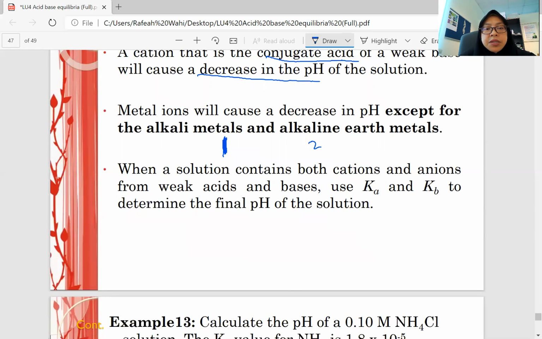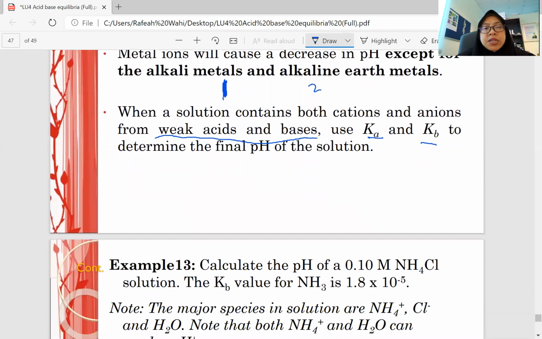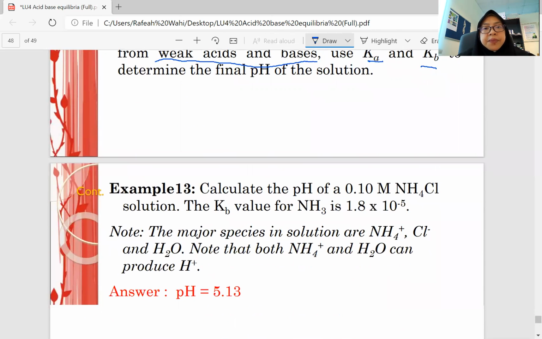When a solution contains both cations and anions from weak acids and bases, you need to use the Ka and Kb values to determine the final pH of the solution. You need to consider the Ka and Kb.